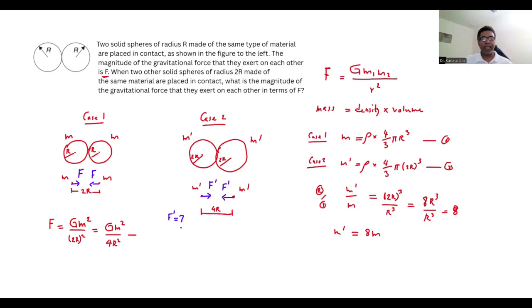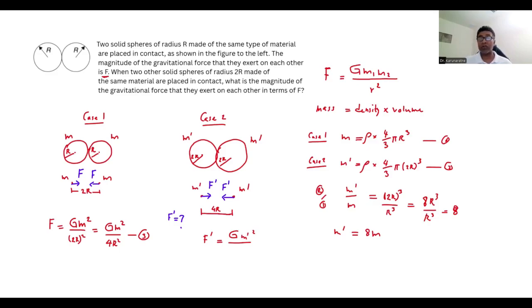And then I'll go for case number 2 and I'll write down F prime in terms of Newton's law of gravitation. F prime is equal to, again, big G. This time the mass is not M, but M prime. So M prime squared divided by the separation squared.